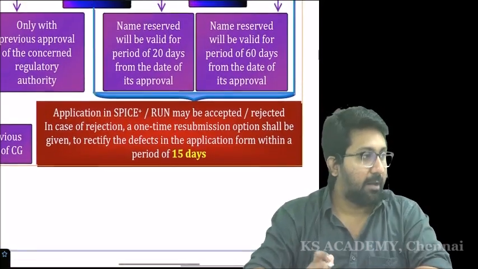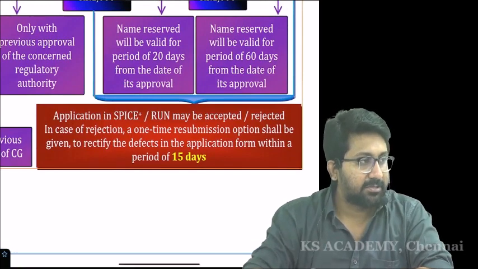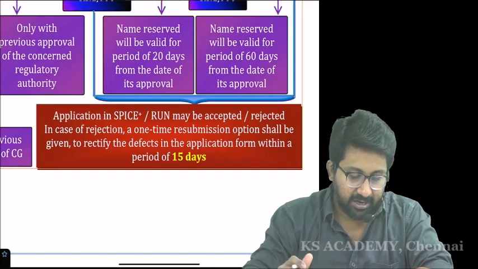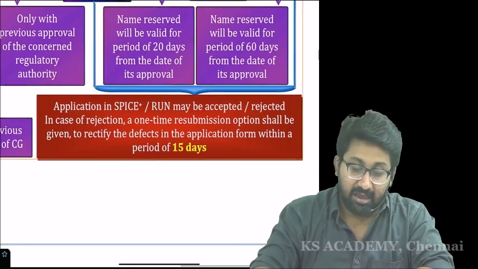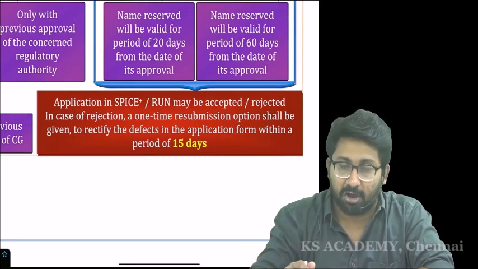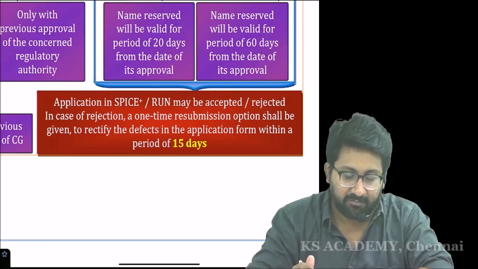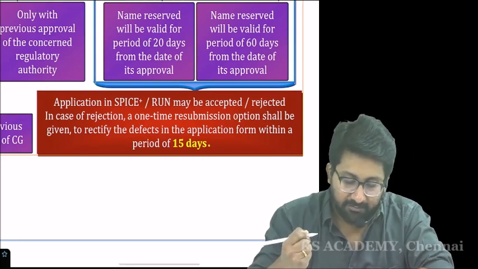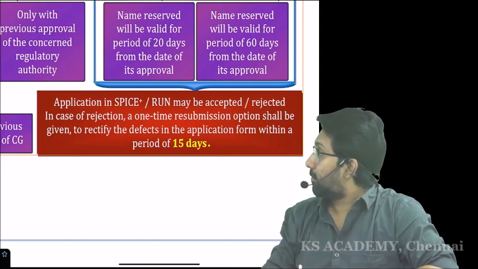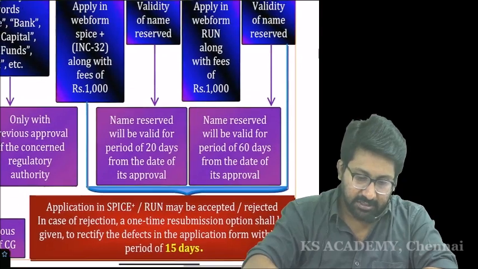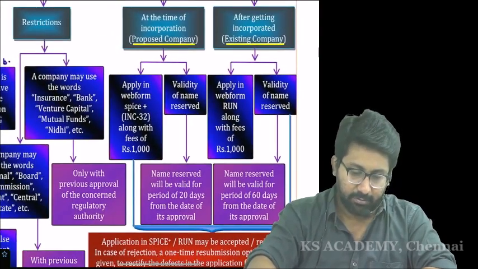Please read the point. Application in SPICe Plus or RUN may be accepted or rejected. In case of rejection, a one-time resubmission option shall be given to rectify the defects in the application form within a period of 15 days. Everyone understood the concept clearly? Please see the chart.